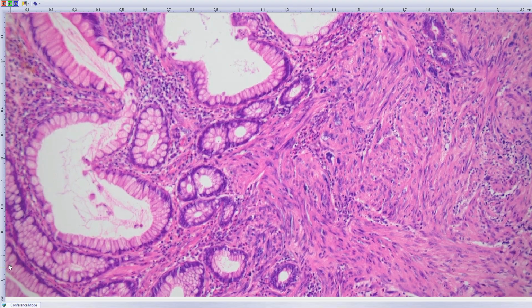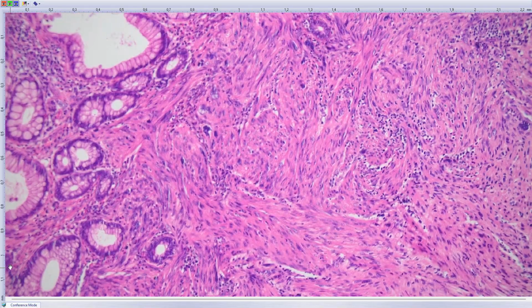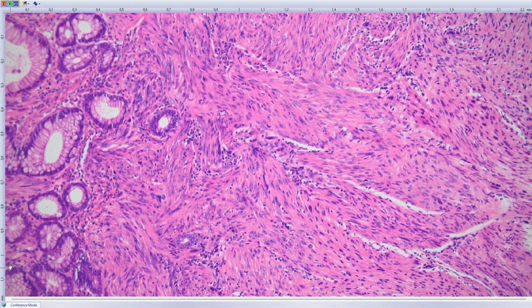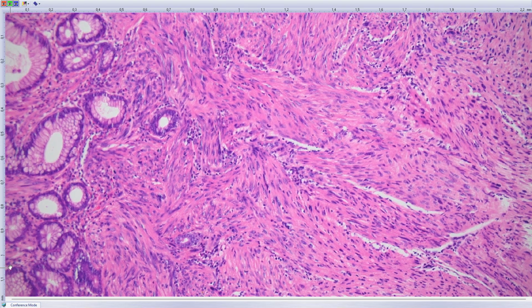In the large bowel, rectal or sigmoid tumors are still more frequent compared to GISTs. Okay, so we are dealing with a smooth muscle neoplasm, malignant looking. In the rectal area, leiomyosarcoma will be a more frequent diagnosis compared to GIST.